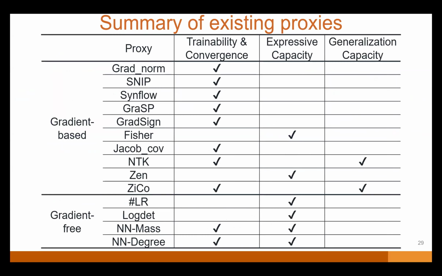To summarize, these are approaches that I mentioned in terms of proxy: norm, SNIP, didn't mention a lot of them, then Jacobian covariance, then Zico, and then from the second category, I mentioned only log depth, NN mass, and NN degree.